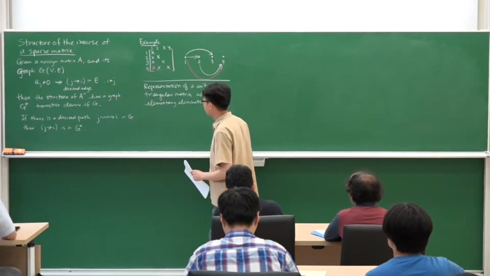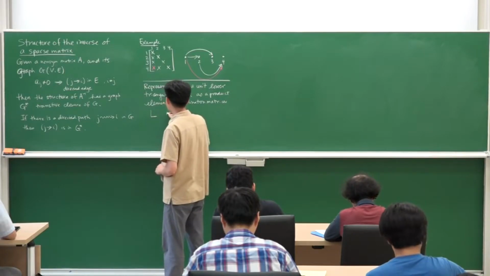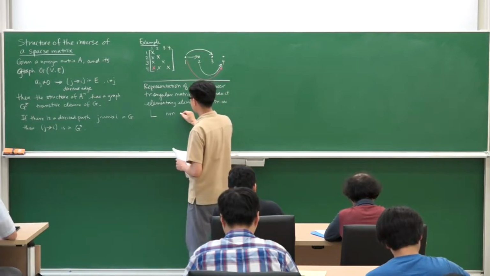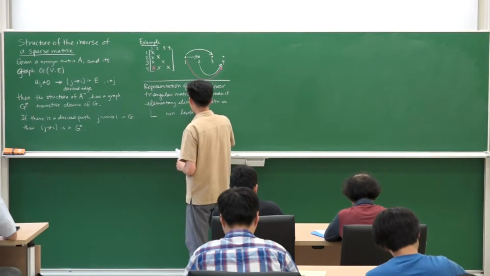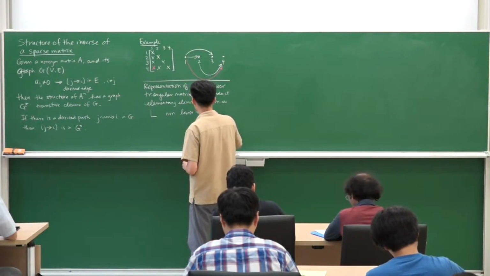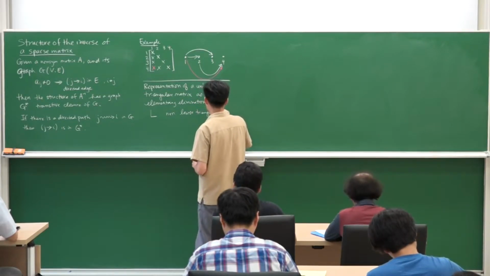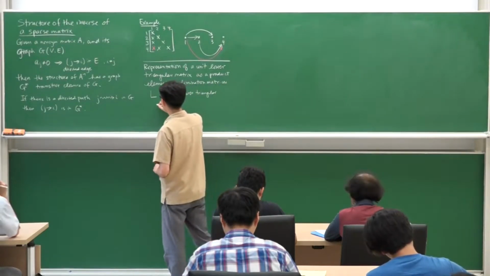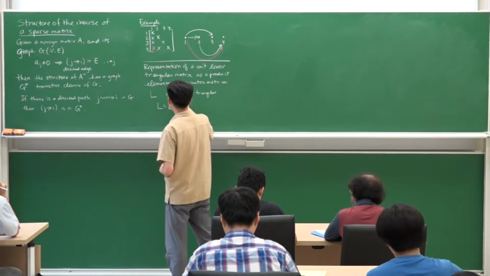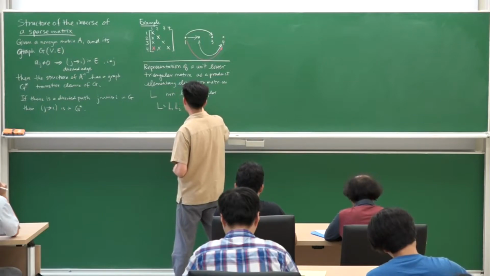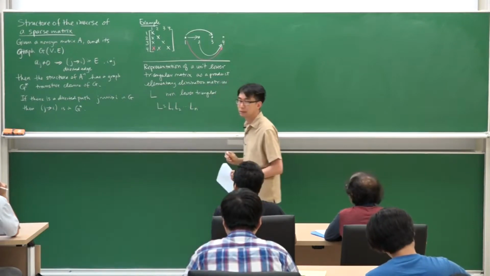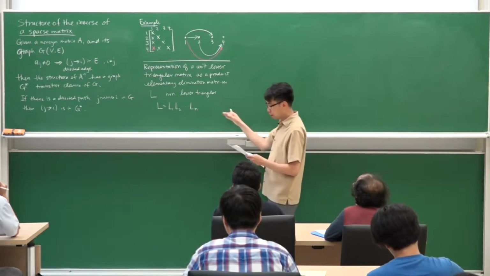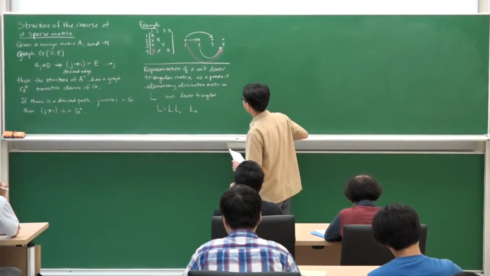So given a matrix L, which is n by n, lower triangular, L can be represented as this product, L1 times L2 times L3 all the way up to Ln, where these Li's are lower triangular and have a specific form.